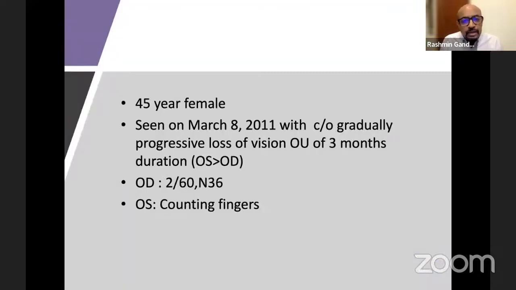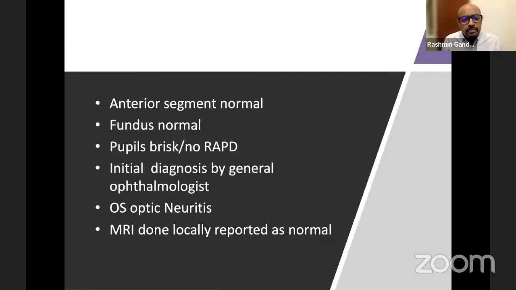I would like to highlight this by presenting a case. This is a 45-year-old female who was seen in 2011. She presented with gradually progressive loss of vision in both eyes, and visual acuity was quite poor, 2/60 in one eye and counting fingers in the other eye. The ocular examination and neuro-ophthalmic examination did not really point towards any problem.